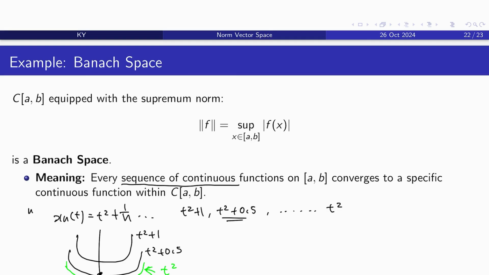This is quite true in general, because if you have an interval [a, b], you can pick any kind of continuous function. It can be linear, it can be a parabola, or it can be x cubed.